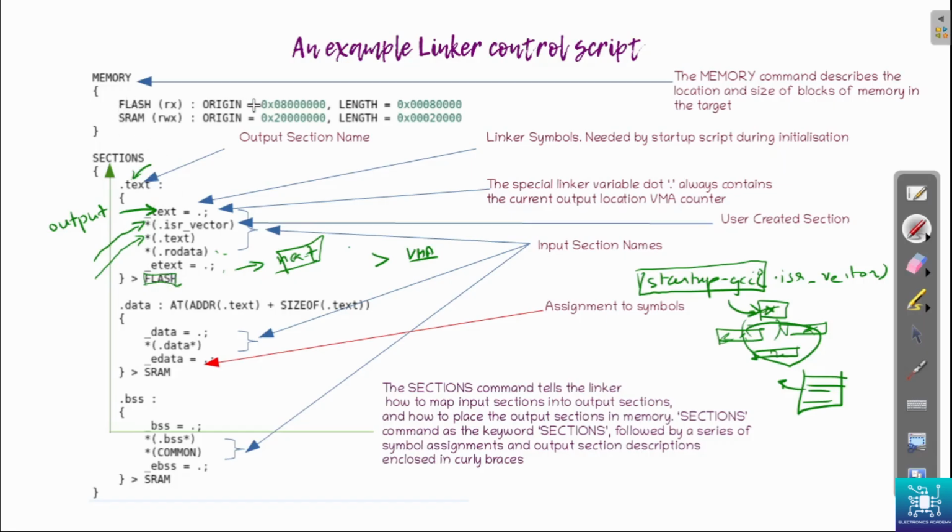And flash, we know, starts from this memory location, with a 512 KB length. So dot text equal to dot, when we put it here, actually refers to this greater than flash, and it starts counting from this memory location. That is, the VMA starts counting from this memory location.